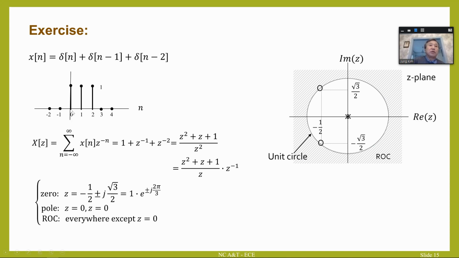So n equals 0 gives 1, n equal 1 gives z to the minus 1, and n equal 2, I'm sorry, n equal 2 gives z to the minus 2. Because minus 2 is the second delay, we have to multiply by z squared.